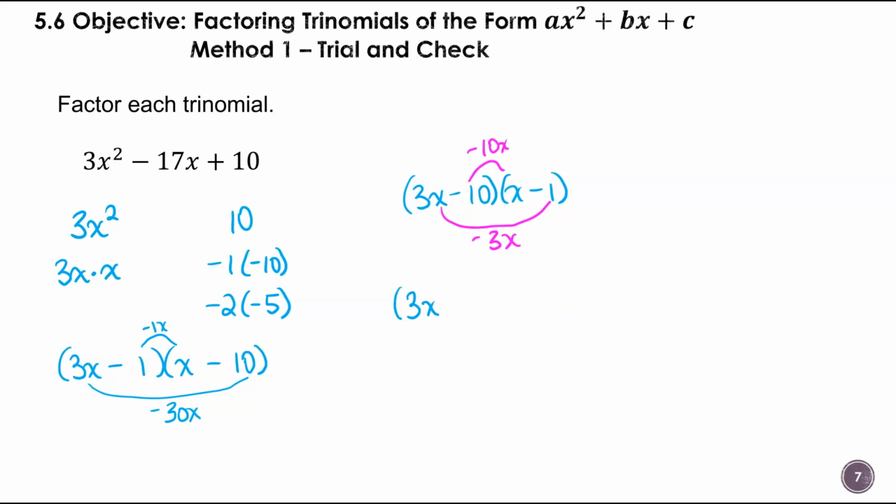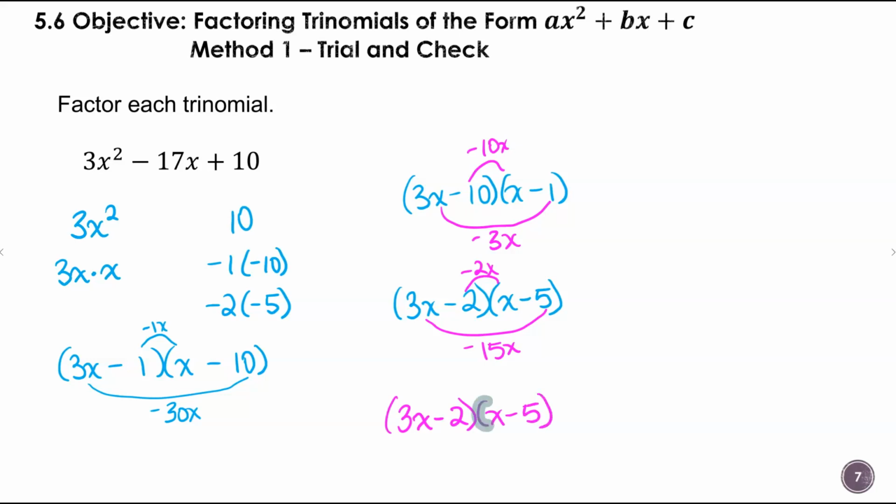So let's see, what if we did negative 2 and then we have x minus 5 and check those. So we've got negative 2x, negative 15x, and there's our sum that we need, right? So here we go with the factored form that checks.